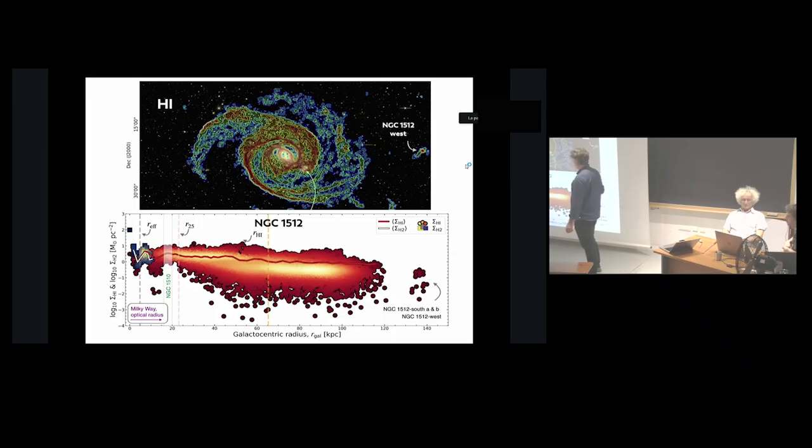But the HI extends more than 10 times the stellar radius in this galaxy. This is a large extent of HI, but it's not unusual to see HI disks that are much larger than stellar disks.